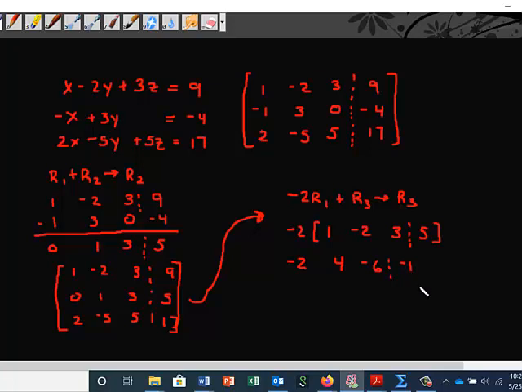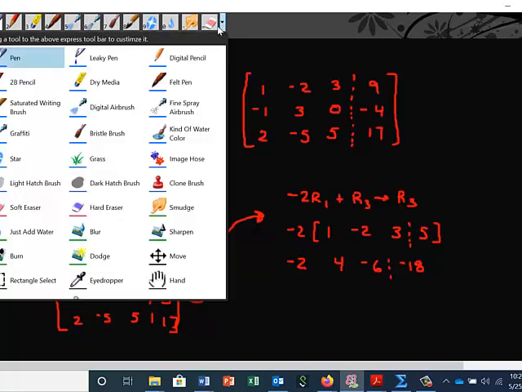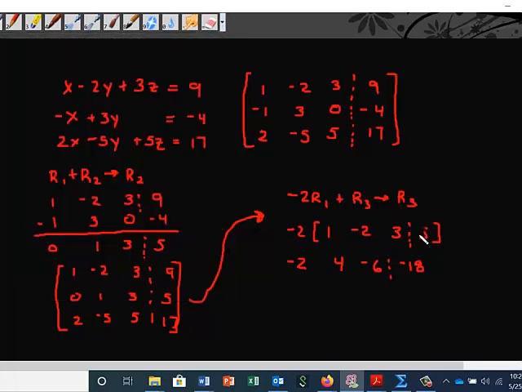Did we make a slight error somewhere? Okay, I think we did. This should be a 9 right here, folks. So let's go back. The reason why I write these things out is that if I make a mistake, we can find it very, very easily, and I was able to catch myself.